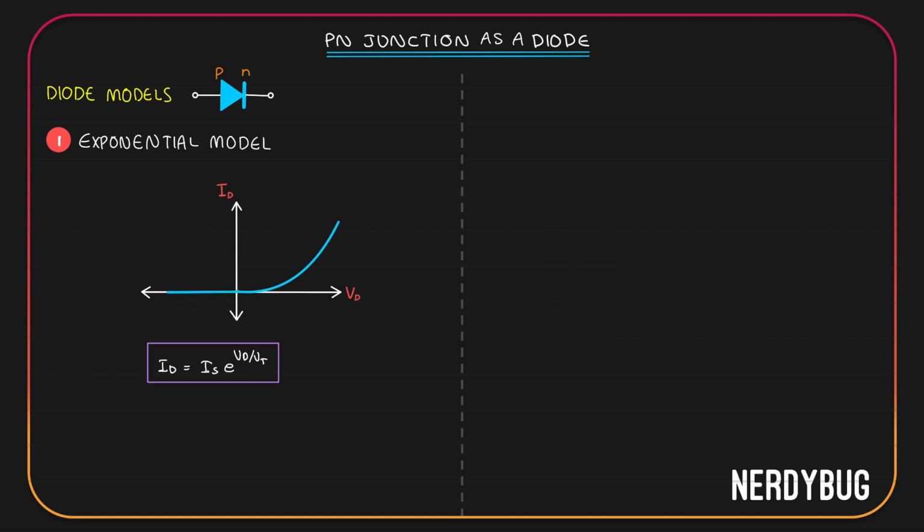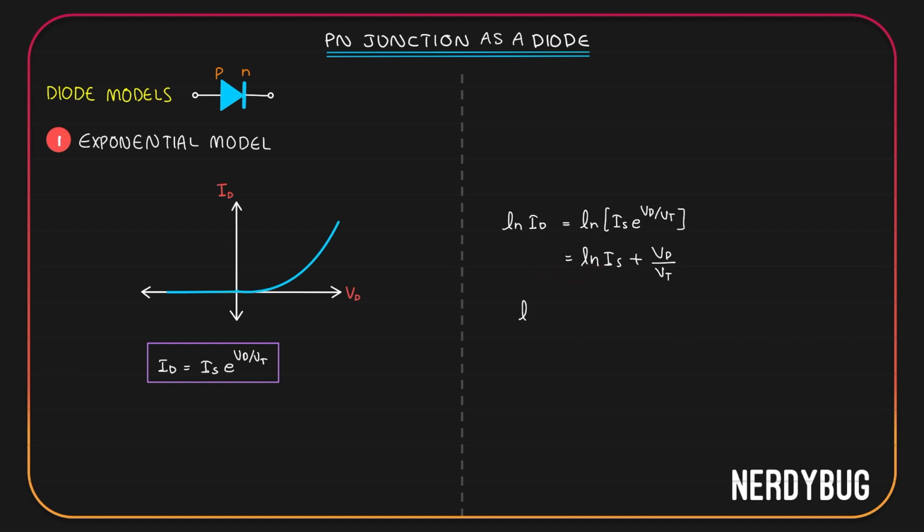Now let us take the natural logarithm on both sides of this equation. Then we get log of Id is equal to log of Is e raised to Vd by Vt. Now log of A multiplied by B is log of A plus log of B. So here we can write log of Is plus log of e raised to Vd by Vt. Log of e raised to Vd by Vt is simply Vd by Vt. Now let's take log of Is to the other side of the equation.